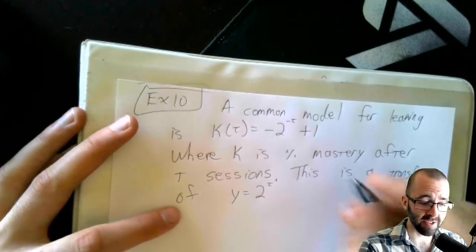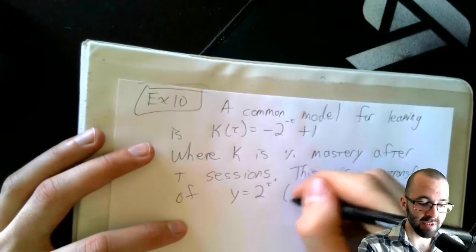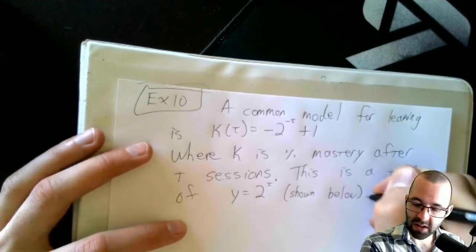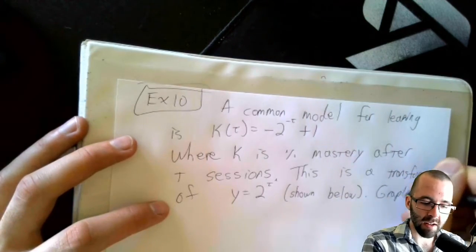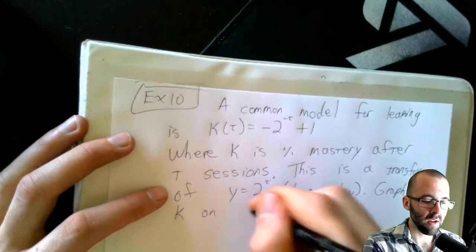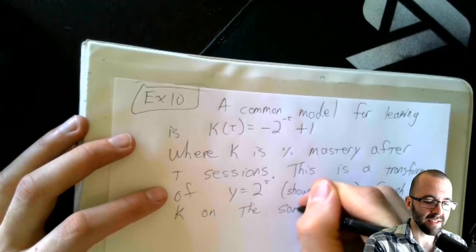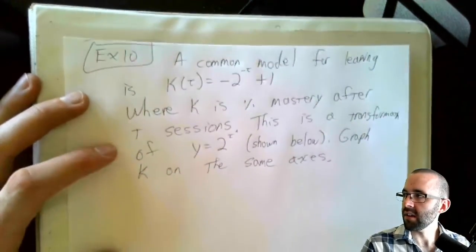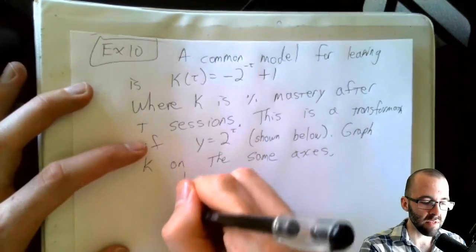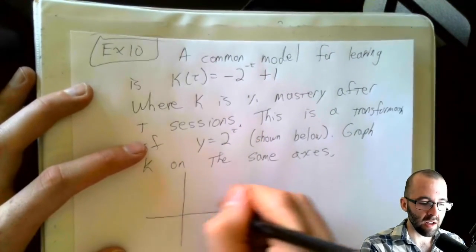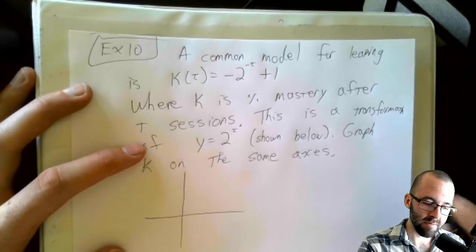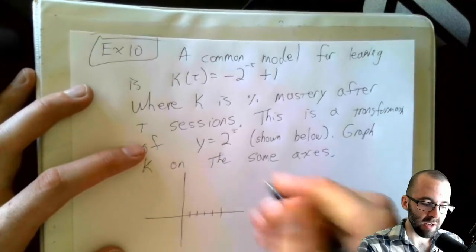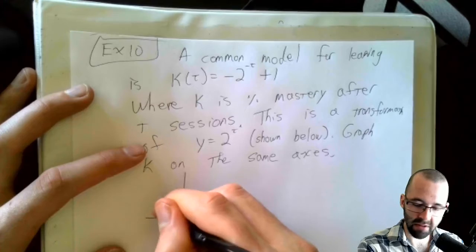That's an exponential function. We haven't talked about exponential functions, but I'll give it to you for this example. Graph k on the same axes. So I will give you the function 2 to the t, and then you have to give me this learning curve.